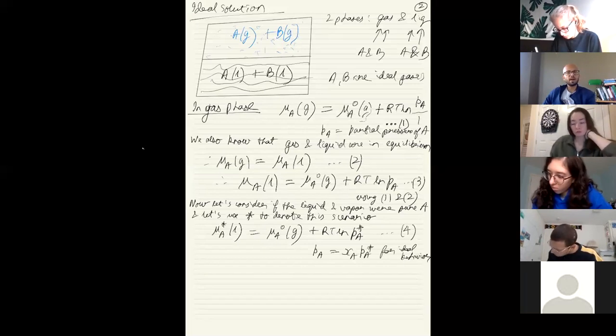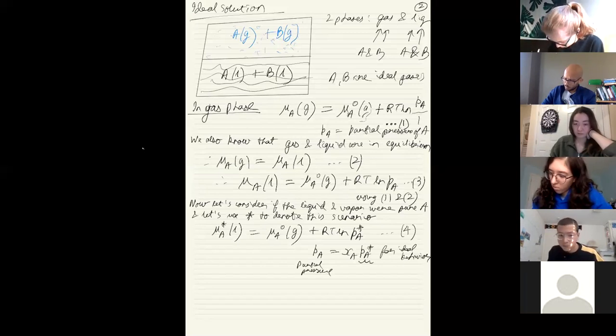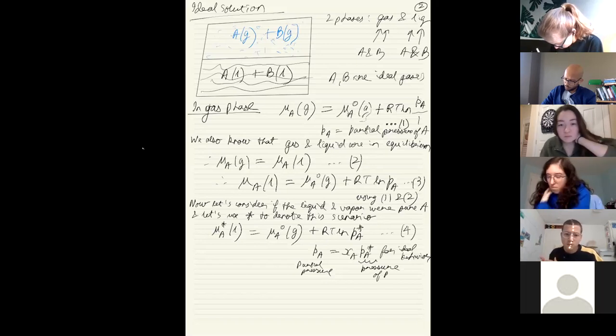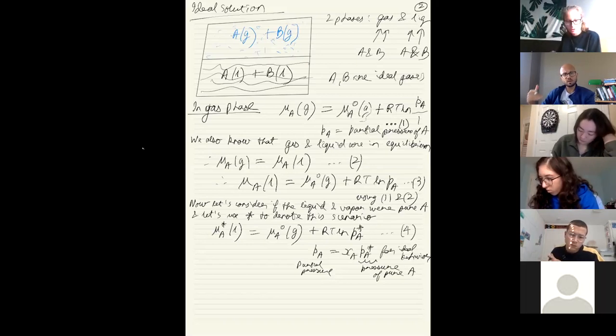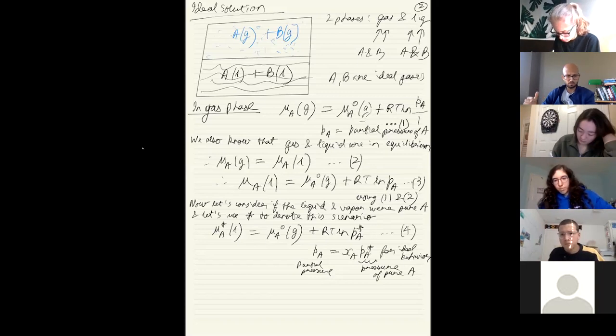So if XA was equal to 1, you can see PA is equal to PA star. So this is partial pressure, and this is pressure of pure A. Once you start reducing the mole fraction and introduce some other species, the partial pressure starts to go down. That's all we have done over here.